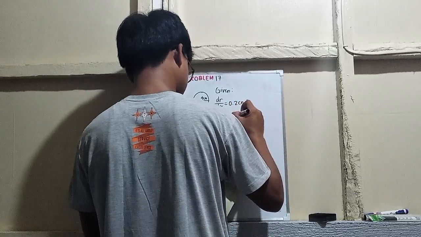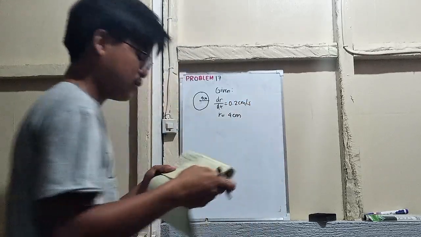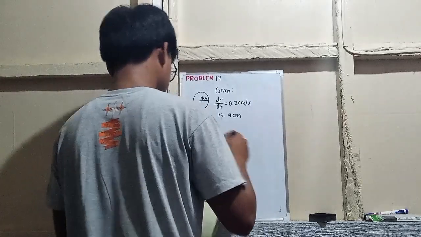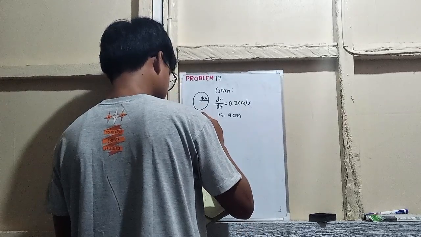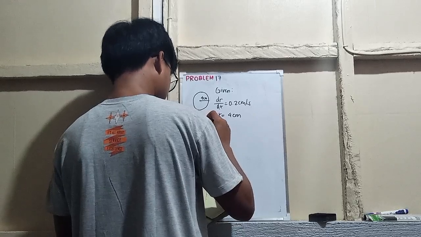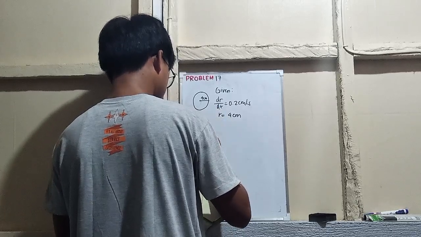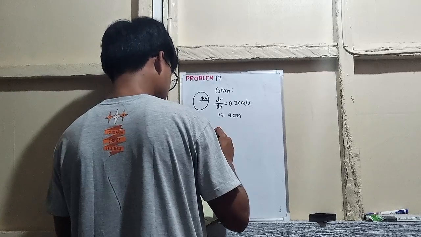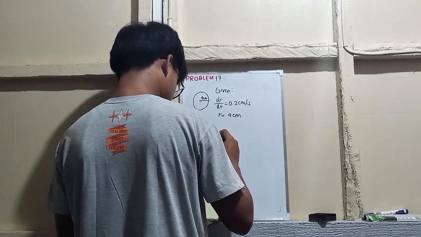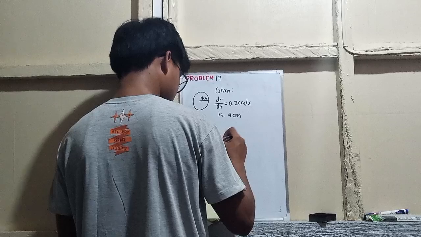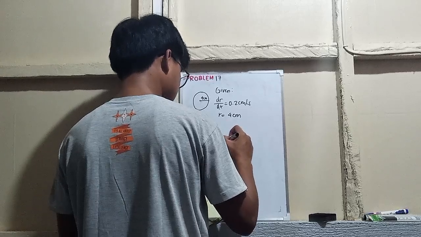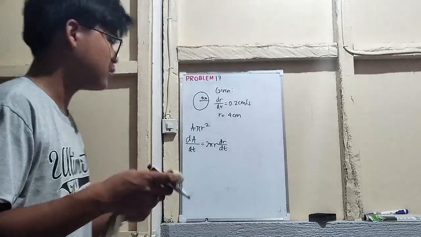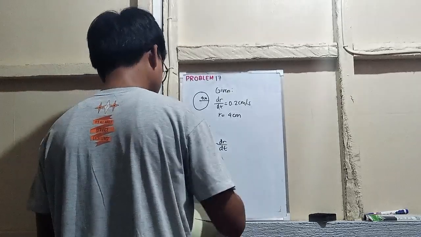And now, in getting the area of a circle, the formula is pi r squared. Then now differentiate the formula, we'll get dA over dt equal to 2 pi r dr over dt. Then we'll substitute the given to the formula.